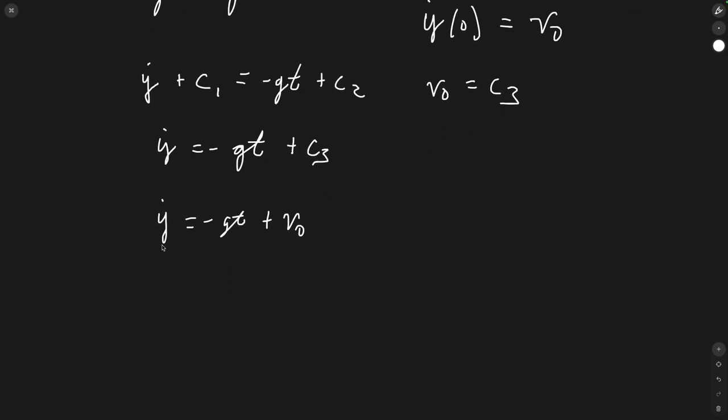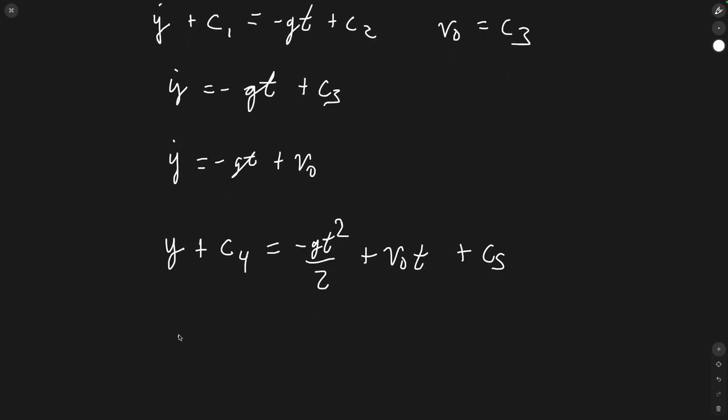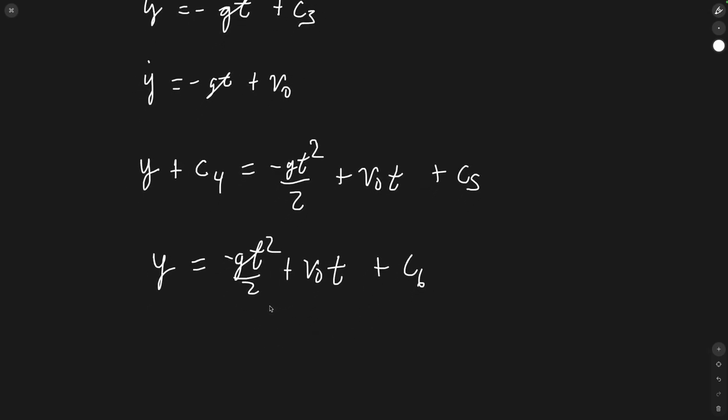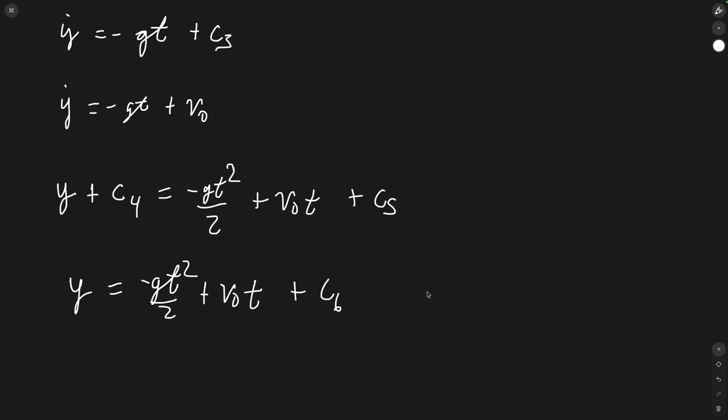And now I can integrate one more time. So y plus c4, if you like, equals minus gt squared over 2 plus v naught t plus c5. And I can move the c4 over, and I get something like this, plus c6, let's say. Now I want to know, what is this constant c6? Well, I can say that y at 0, the initial position, is, say, y naught.